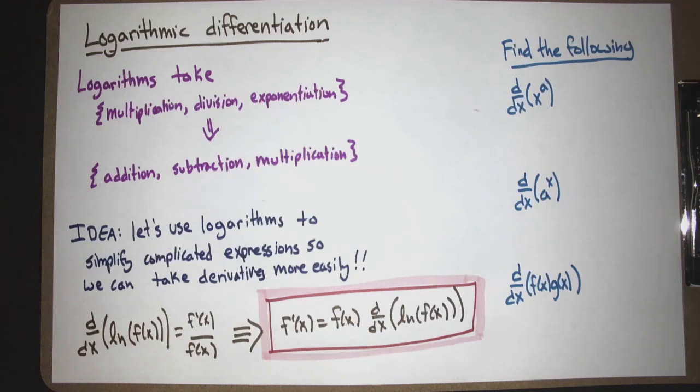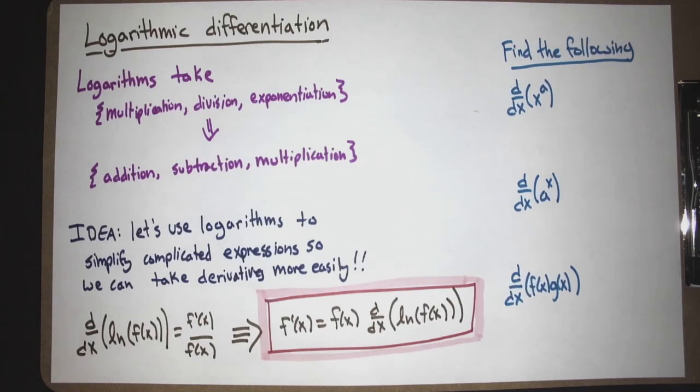So, what's the formula? Well, you remember how we said the derivative of log of f of x is f prime of x over f of x? I can multiply the f of x across, and we get the following. f prime of x is the original function times the derivative of the natural log of the function.